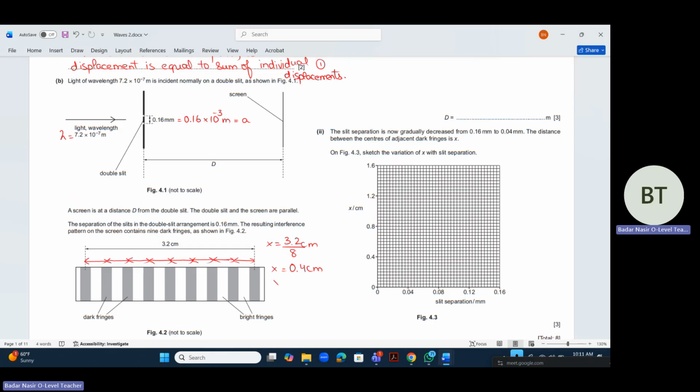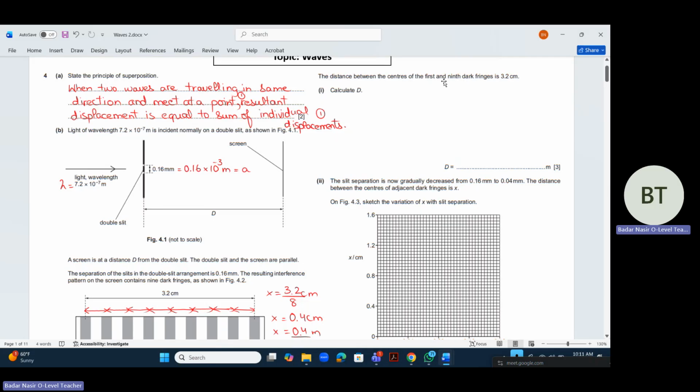So we divide it by 100 and we get 0.004. Okay, so we know X, which is the fringe separation. We know a, which is the slit separation. We know lambda, which is the wavelength, and D.